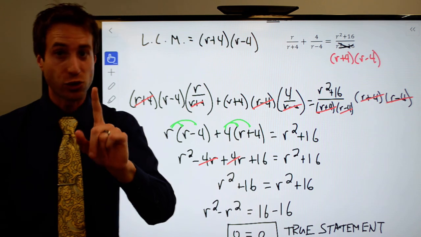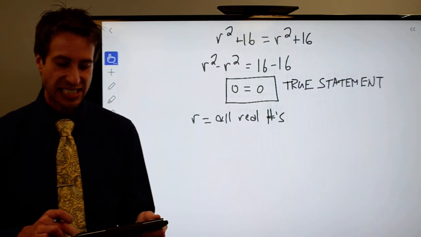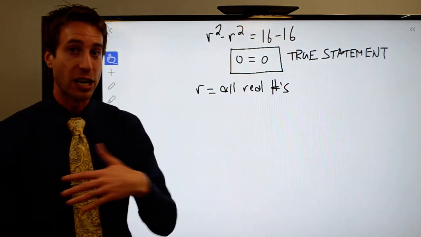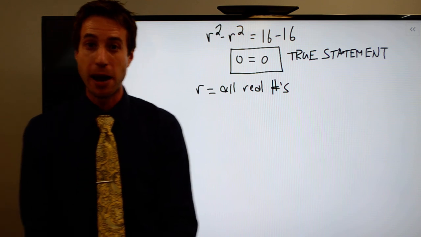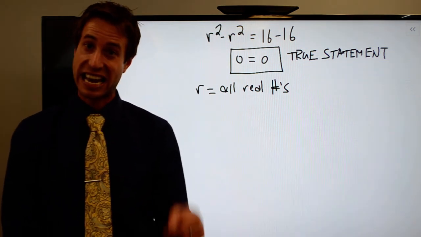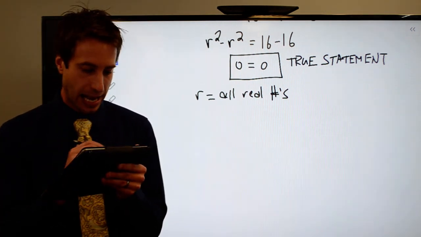Okay, so actually, you got to be really careful on this one. Just another little trick. Yes, absolutely, 0 equals 0, which is a true statement, so r can be all real numbers. Pick your favorite number, except positive and negative 4. So r is all real numbers except.